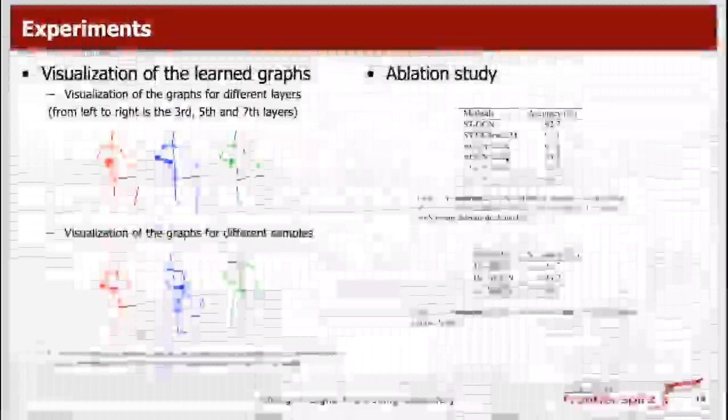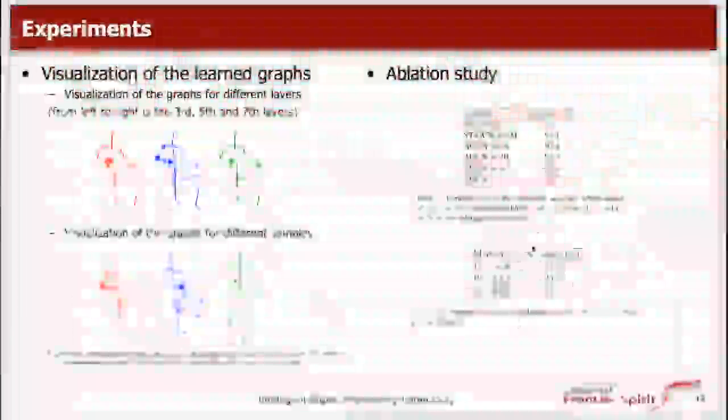And we can see that when excluding the A part, B part, or C part, there is a performance drop, which shows the importance of the proposed adaptive graph convolution.